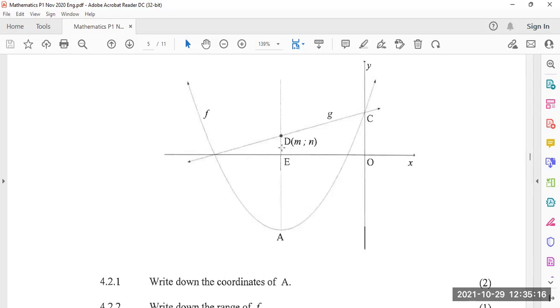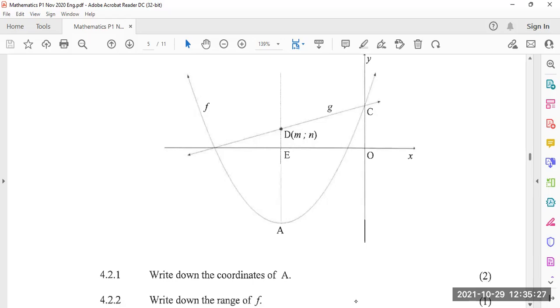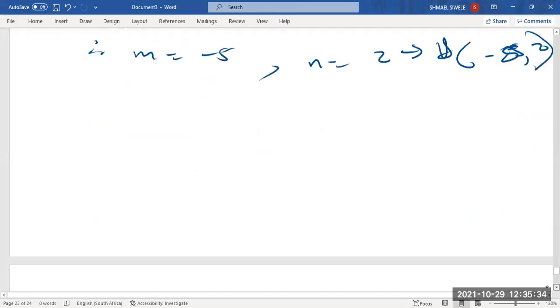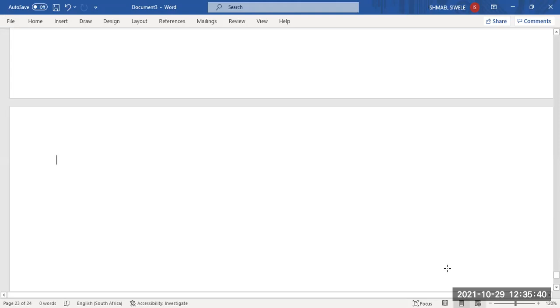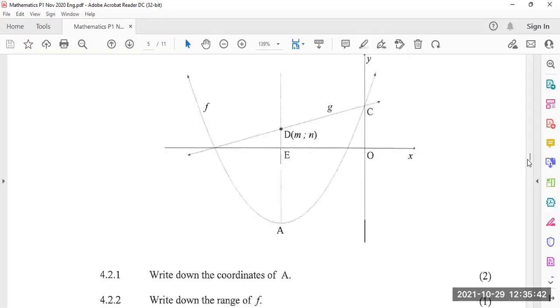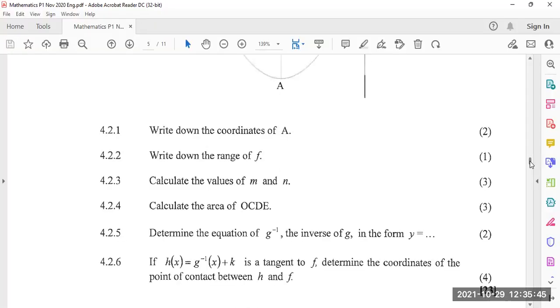So what kind of figure do we have here? Let me try to draw that figure. You can see that it's a parallelogram, right? I mean, you agree with me that the figure there is a parallelogram. This is 4.1. OCDE.